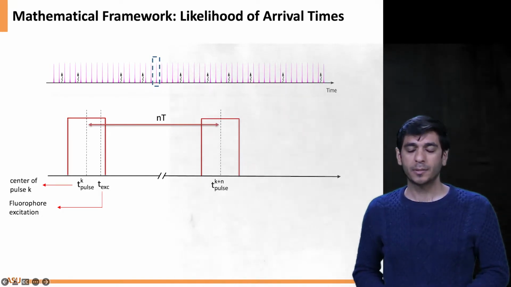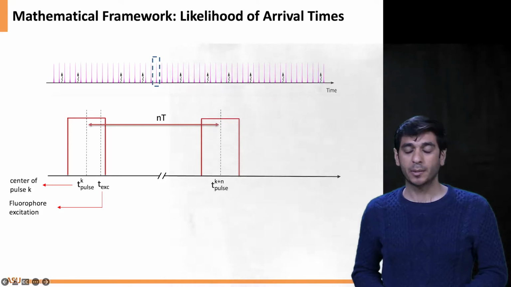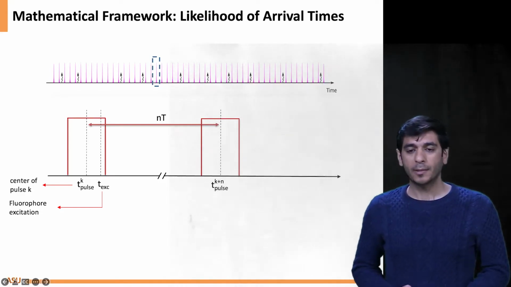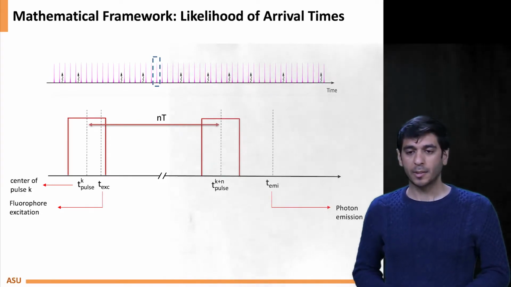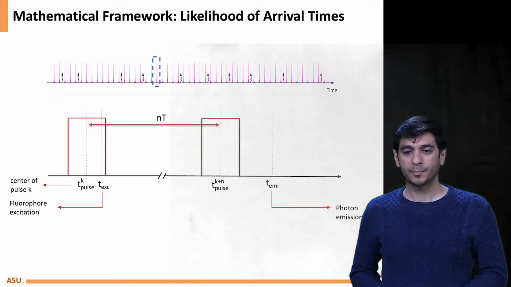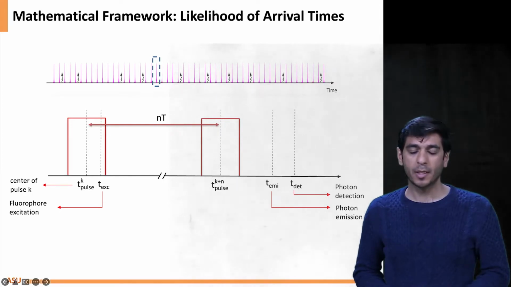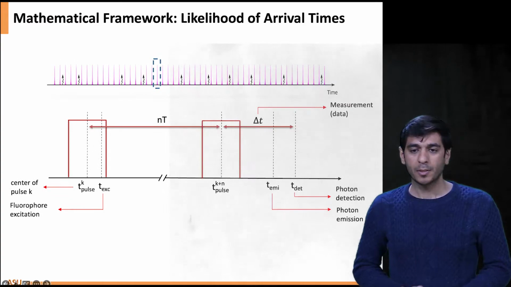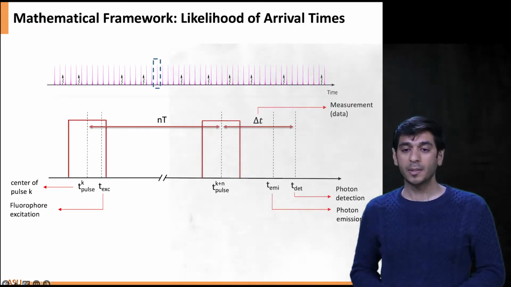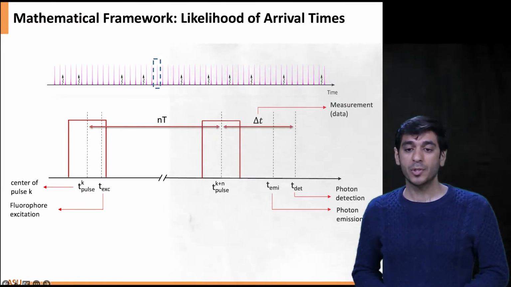Here the capital T shows the interpulse time. The emitted photon is then detected by the detector with a delay, and the detection time here is shown by t detection. The observation is shown by delta T here, which is measured with respect to the immediately previous pulse.